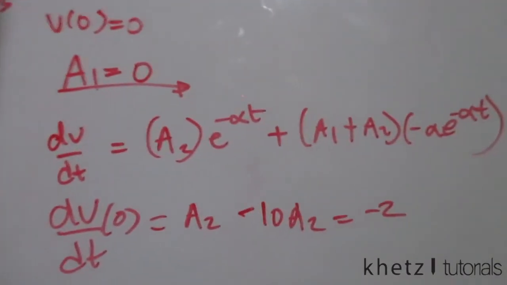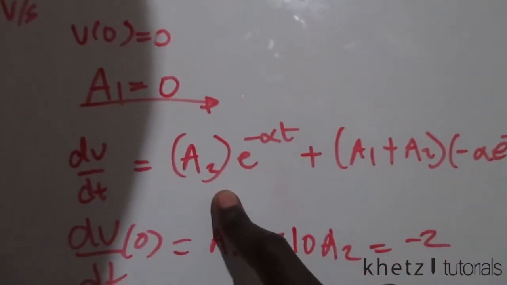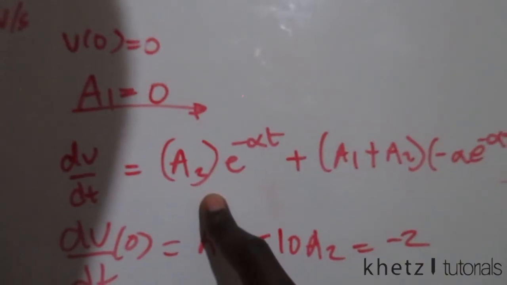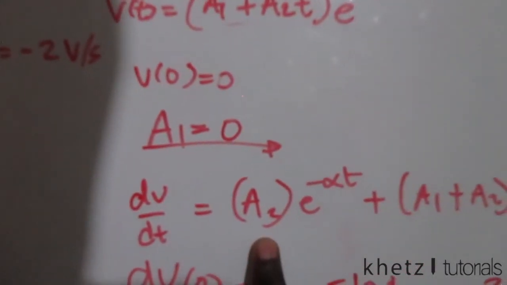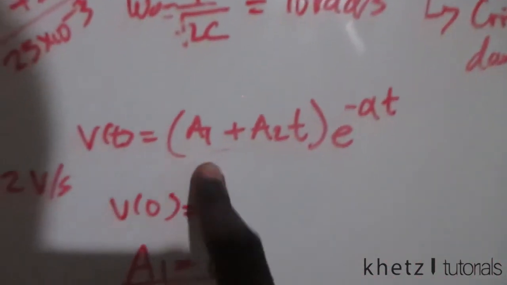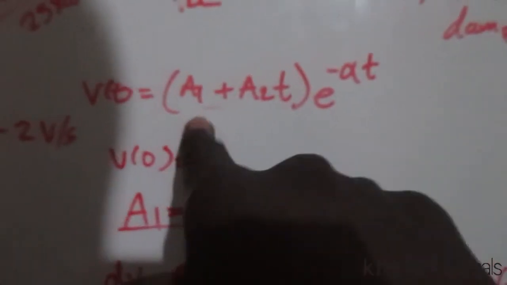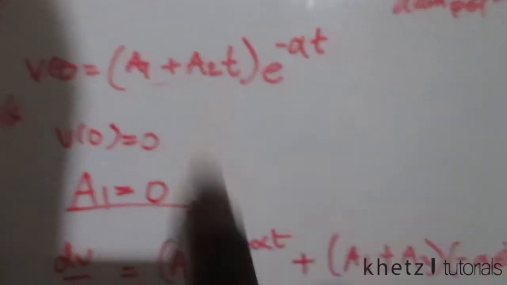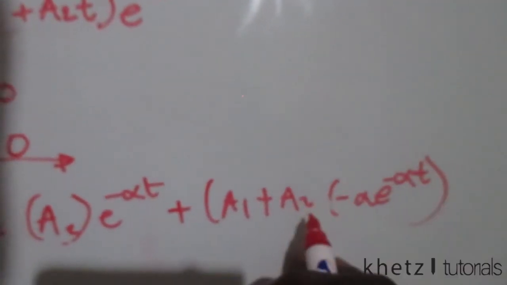After finding the derivative of this, let's see what we actually have. Let me just see if I computed the derivative correctly. So that's going to be 0, that's going to be A2 multiplied by that. This is 0, that's going to be 0. This here is going to be 0 as well, because it's multiplied by t.